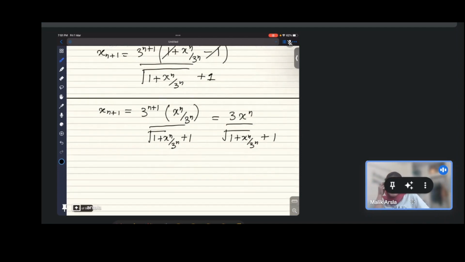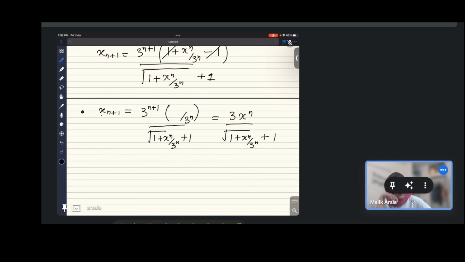Now quickly calculate the value of x3. You know how to do it. x0 is given. You will put n equal to 0. So x1 is equal to 3 into x0 upon, it's not x to the power n, it's xn, the nth term.